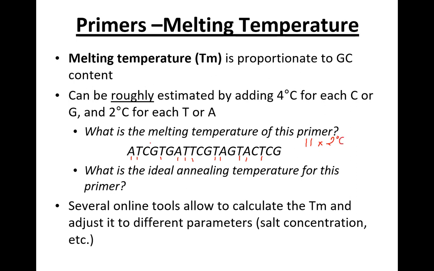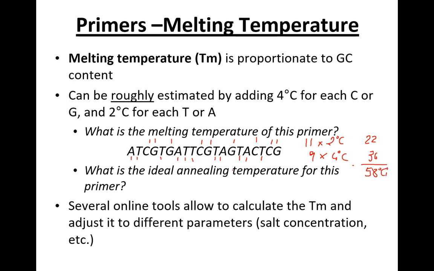And then how many G's and C's do we have? 1, 2, 3, 4, 5, 6, 7, 8, and 9. It's a 20 nucleotide primer, so 9 times 4 degrees Celsius, right? So we have 22 degrees Celsius plus 36. This primer, you could estimate, would have a melting temperature of roughly 58 degrees Celsius.